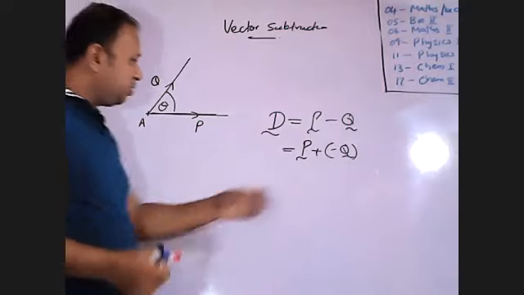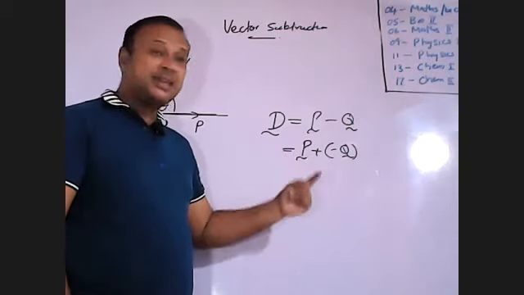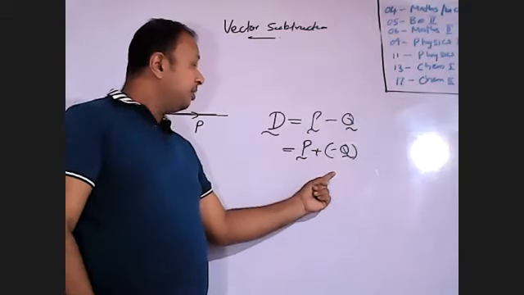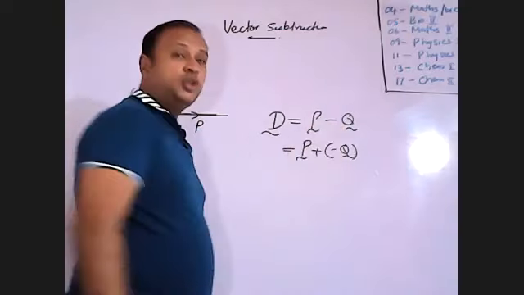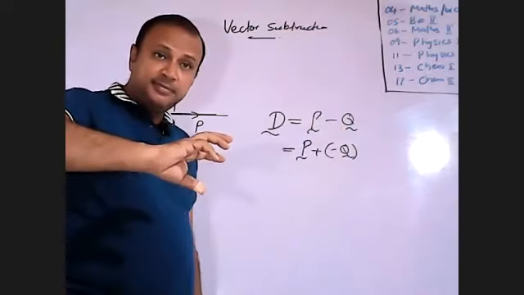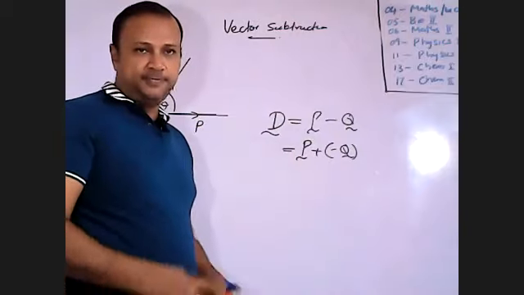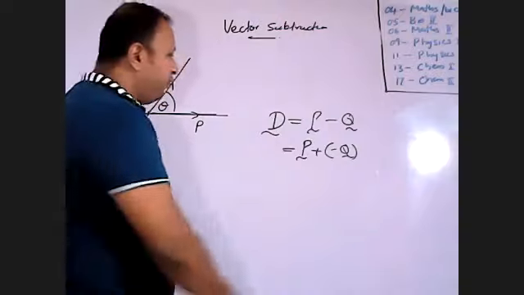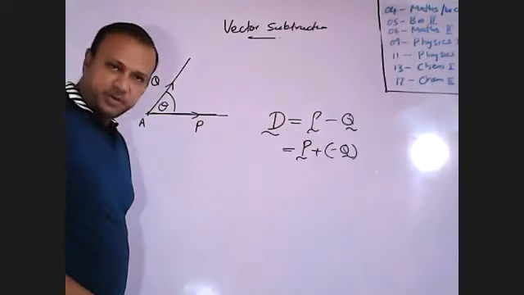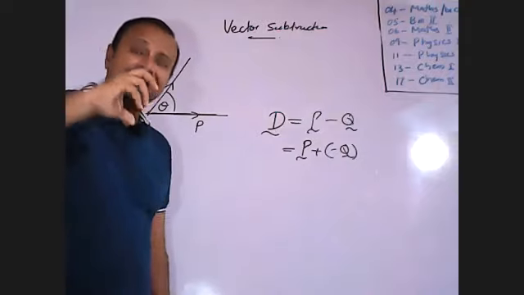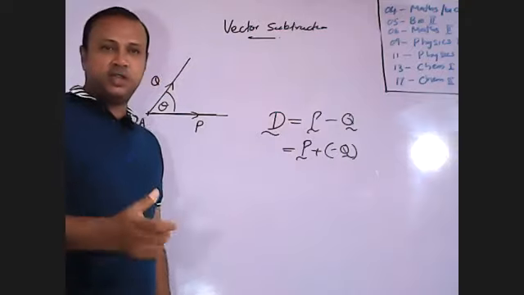Minus Q vector means the vector which is equal in magnitude to Q vector, but its direction is opposite to the Q vector. Therefore, if you are given P and Q vectors like this to subtract, you have to construct the minus Q vector.